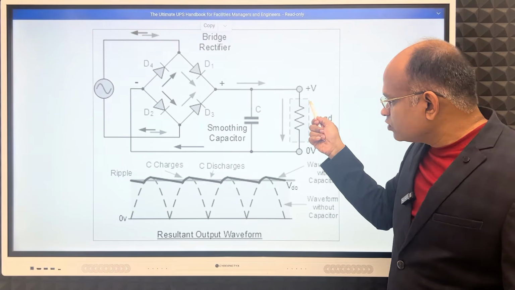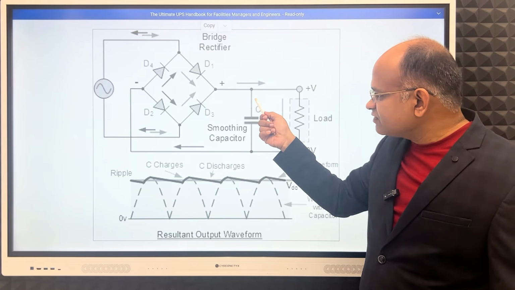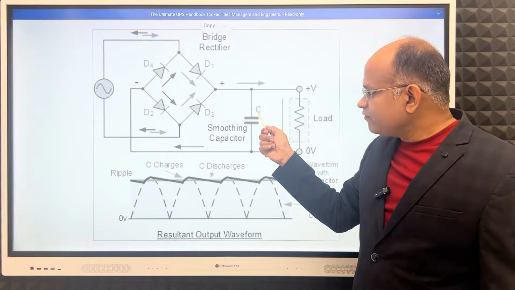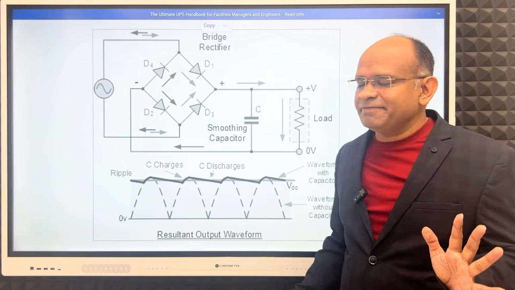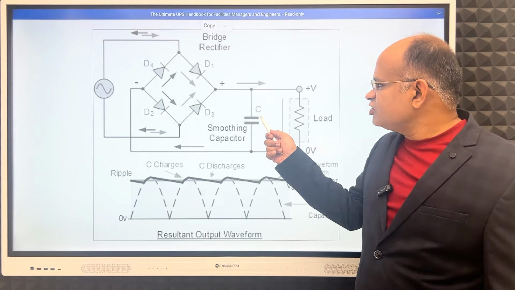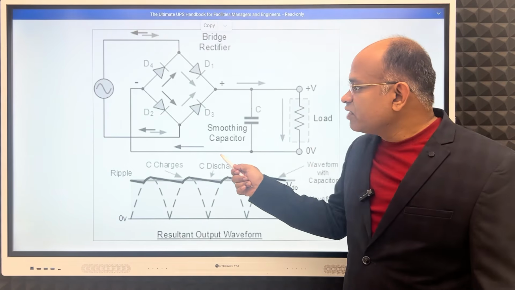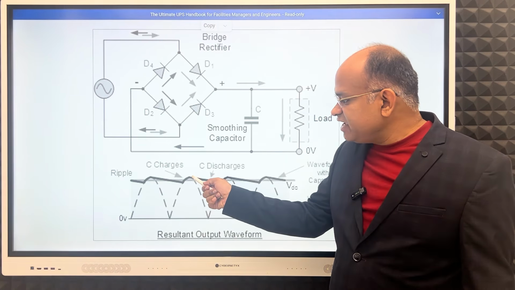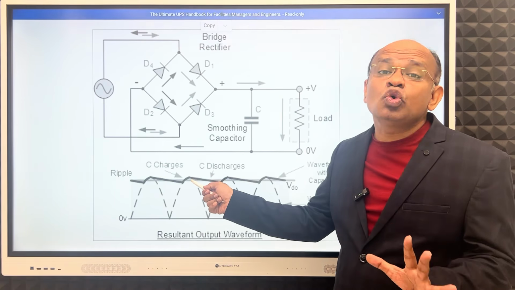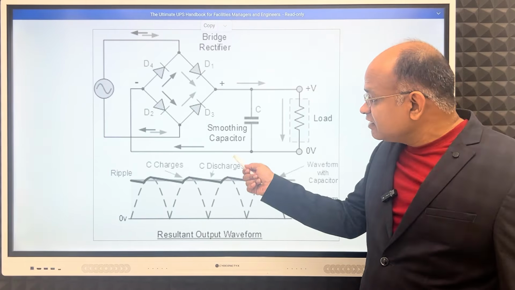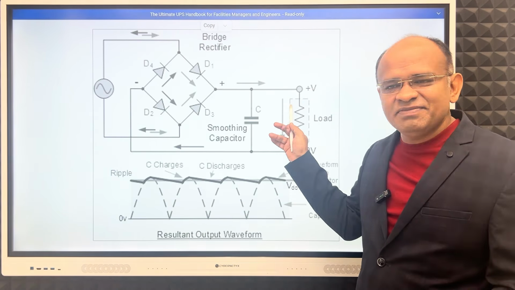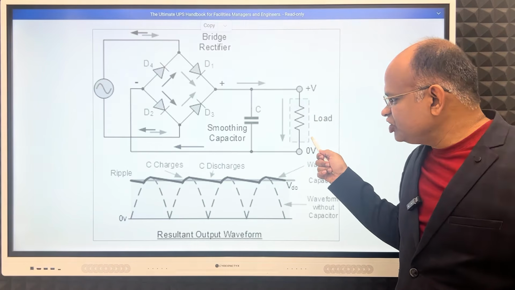So current will flow from the source through this circuit as well as this circuit till it comes to peak. Again the same thing is happening. So this is also getting charged. Current is also going through our load. So till this peak current will go from the source. After this point again the same thing is happening. The same is repeating. Again the capacitor is discharged.